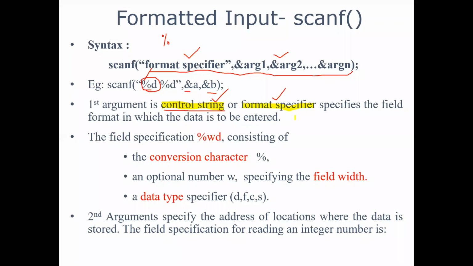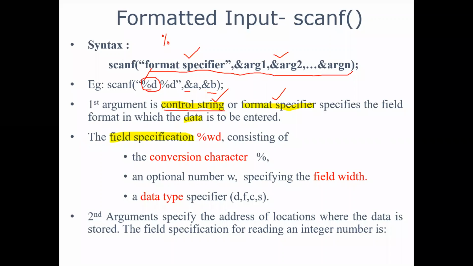Got it? It specifies the field format in which the data is to be entered. So in scanf, when we use a format specifier, it specifies the format in which the data has to be entered. Field specification is another term you can note down.